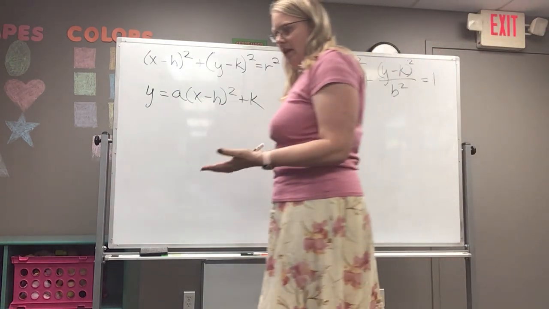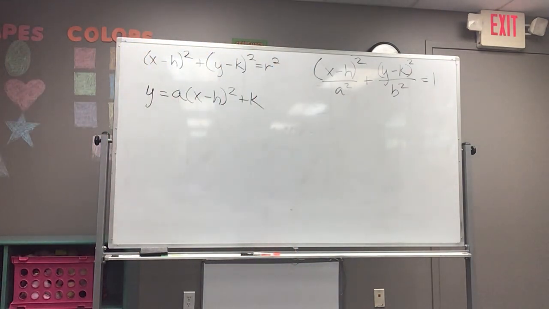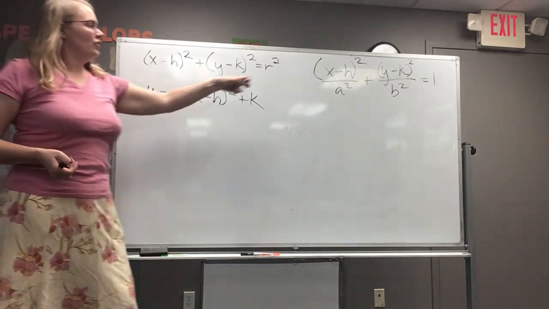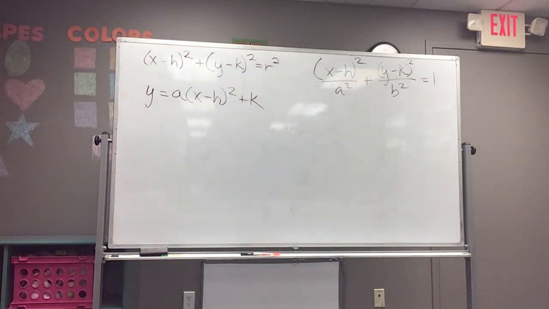But the basic categories are, are we changing it before the operation happens? And so this H, H, H, all of those are changing X before the square happens. And so they move it horizontally because X is the horizontal direction.